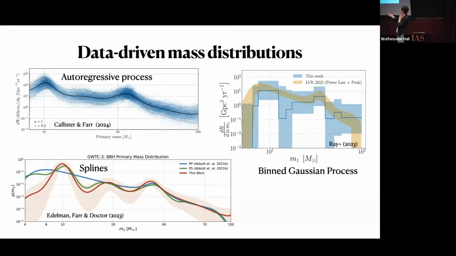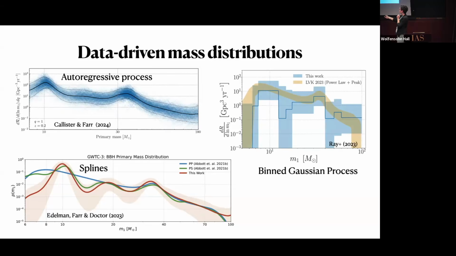This is what they look like. And so this envelope gives you the median rate you infer as a function of mass here, and then these are the 90% credible regions.